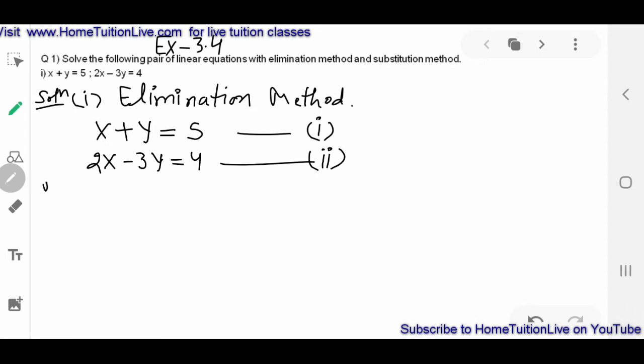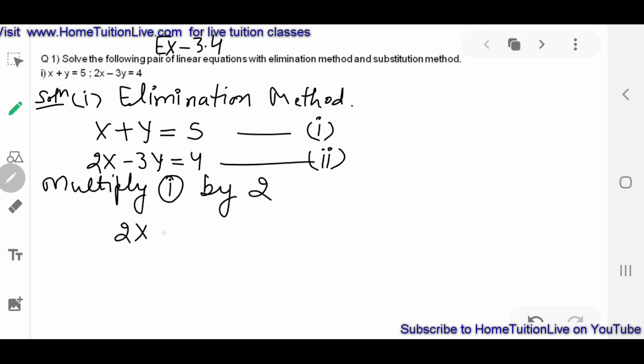So multiply first equation by 2. When we multiply equation 1 with 2, we get 2x plus 2y equals 10.